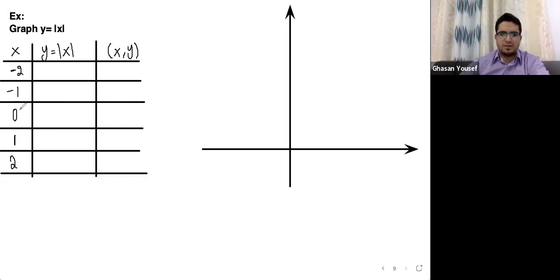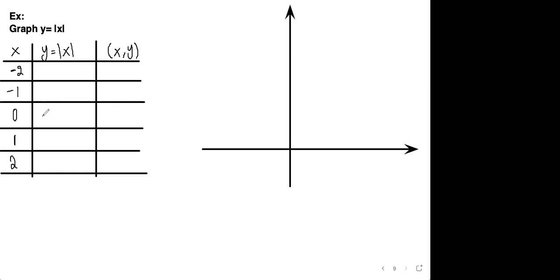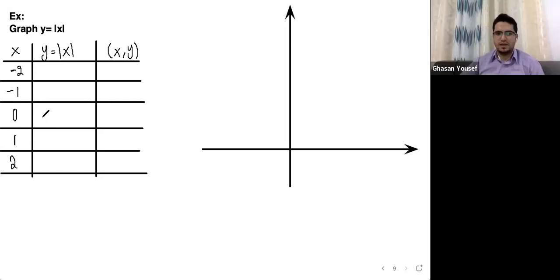Now, what's the absolute value of 0 when I plug in the 0? Yes, 0. So the absolute value of 0 gives me 0. So the first point is (0, 0). Now, what's the second point?